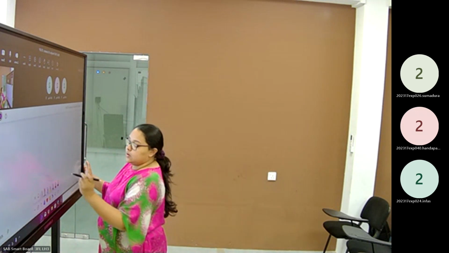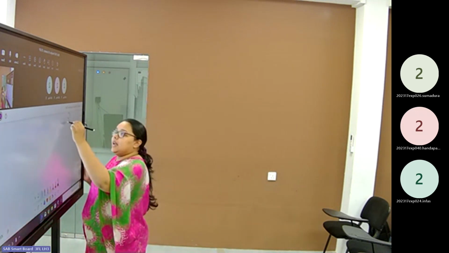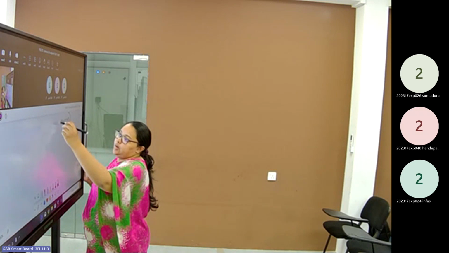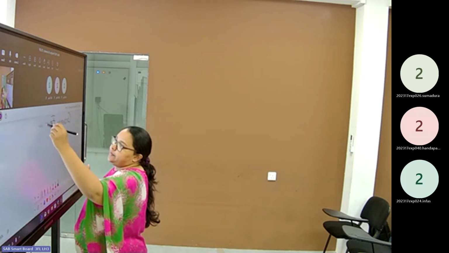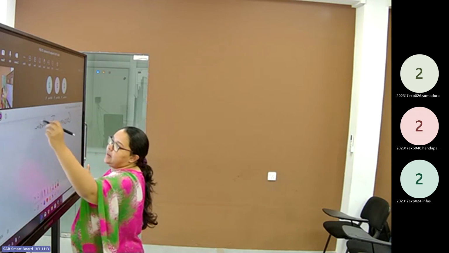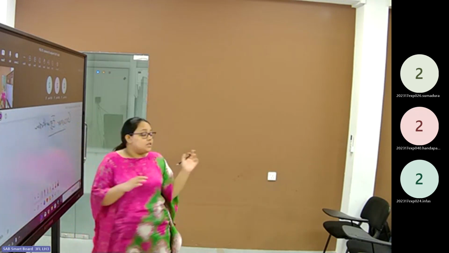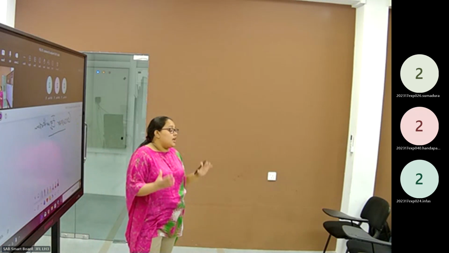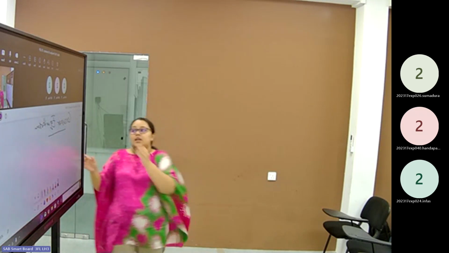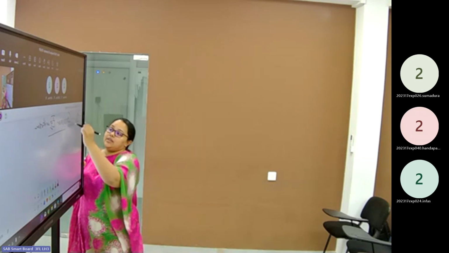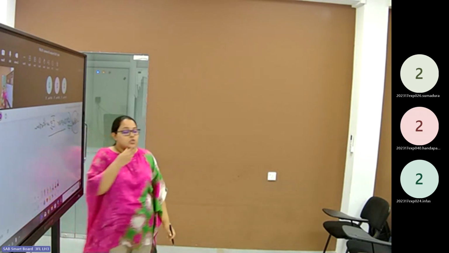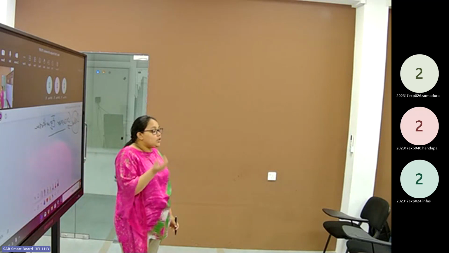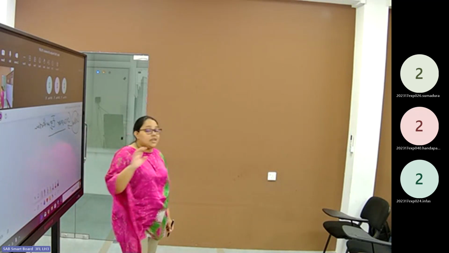Now, consumer equilibrium, very important decision. How does the consumer combine the cost and benefit analysis under the ordinal utility approach? Under the ordinal utility approach, how do they look at both cost and benefit and take the decision?